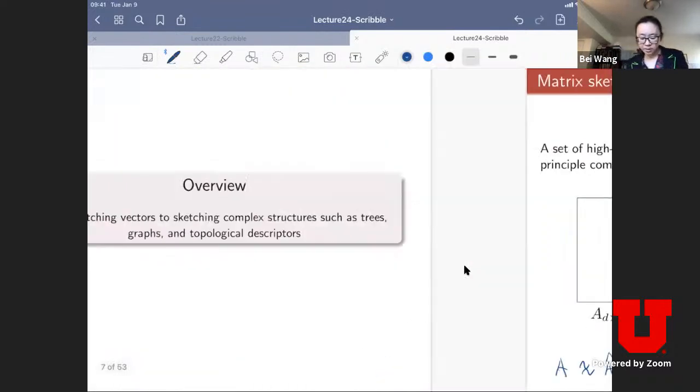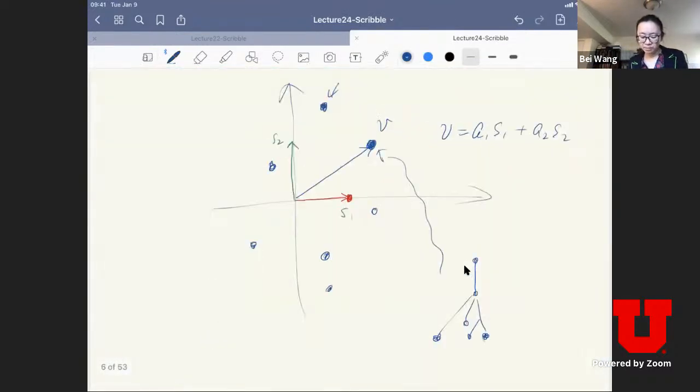Because as you see in this picture, in order for me to find a basis, I'm going to choose the x-axis as one basis and the y-axis as another basis. They are not elements from the original high dimensional point cloud.